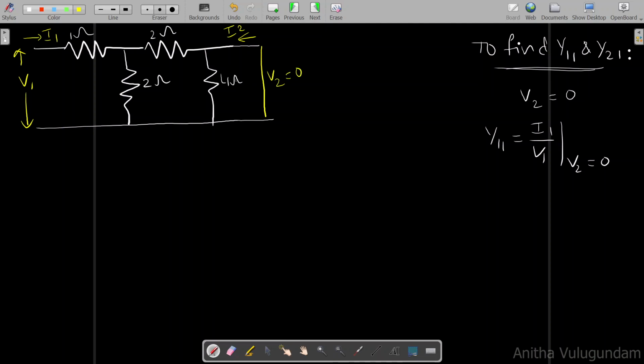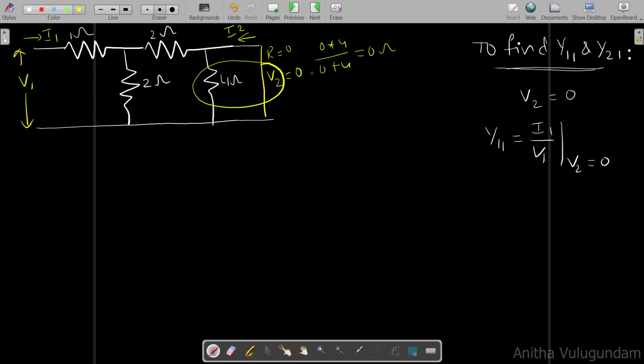When you short circuit these two terminals, the resistance across them will be 0, because when V2 equal to 0, here resistance will be equal to 0. When these two are in parallel, the equivalent resistance is 0 into 4 divided by 0 plus 4, which is equal to 0 ohm.